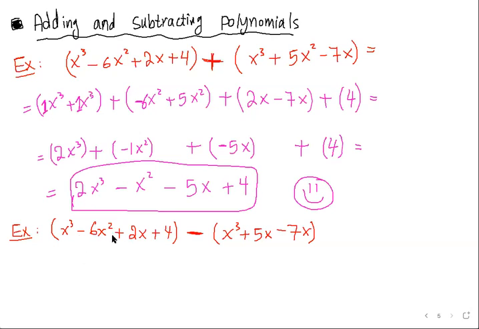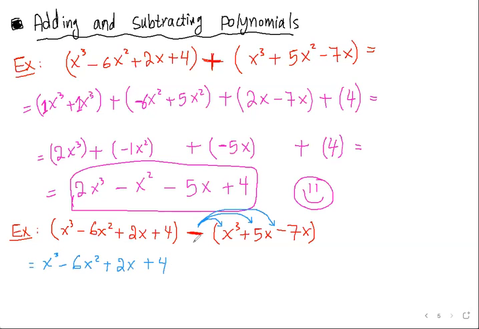Okay, how can I solve it? First thing, for something like that, I want to distribute the minus inside the parentheses. This is the idea. So what I get is x to the power 3 minus 6x squared plus 2x plus 4.